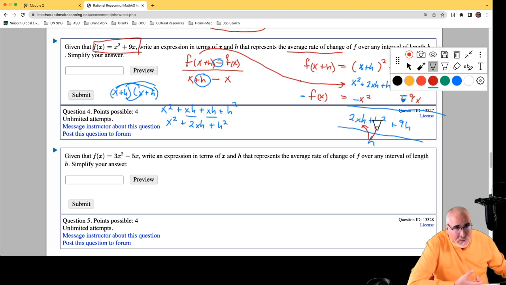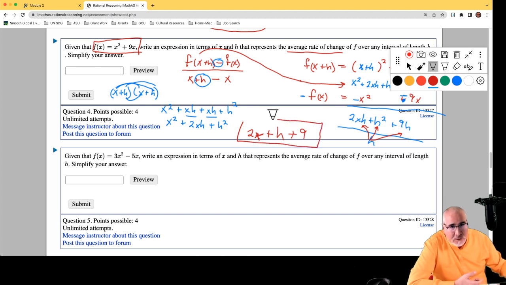So I divide each of those by h. And that's going to give us our final answer of 2x, right? H divided by h is 1. H squared divided by h is going to be h. And then 9h becomes, h divided by h is 1, just becomes 9.